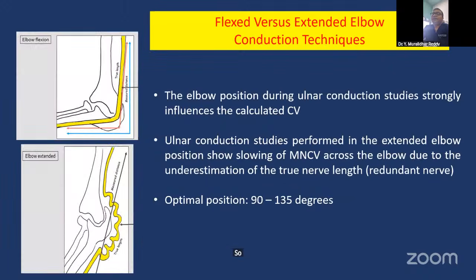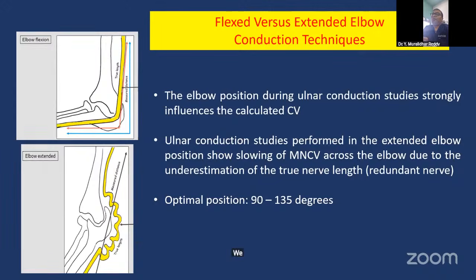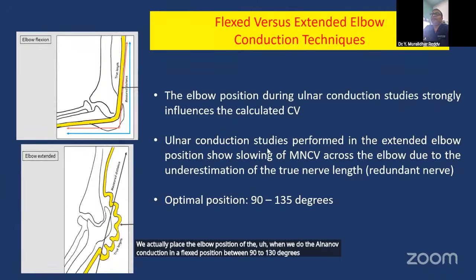There are some technical things which we should know whenever we approach a patient with ulnar neuropathy in electrophysiology. This is very easy to understand. We place the elbow in a flexed position between 90 and 130 degrees when we do the ulnar nerve conduction, because of the pictures that I've shown.